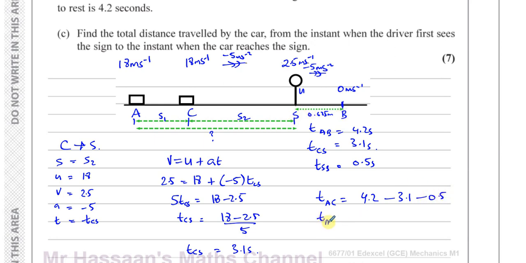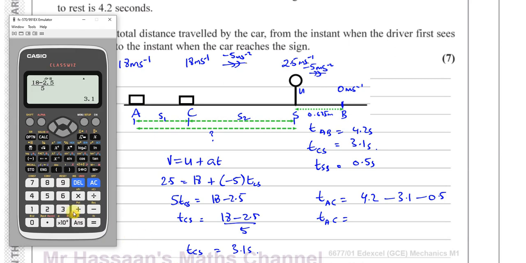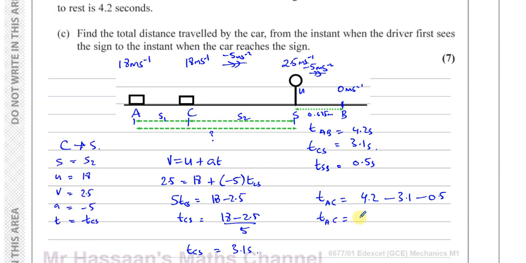So the time between A and C is equal to 4.2 minus 3.1 minus 0.5. That's 0.6 seconds. That's the time between A and C.